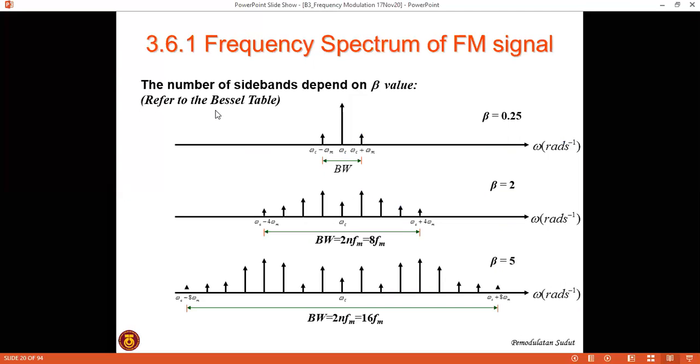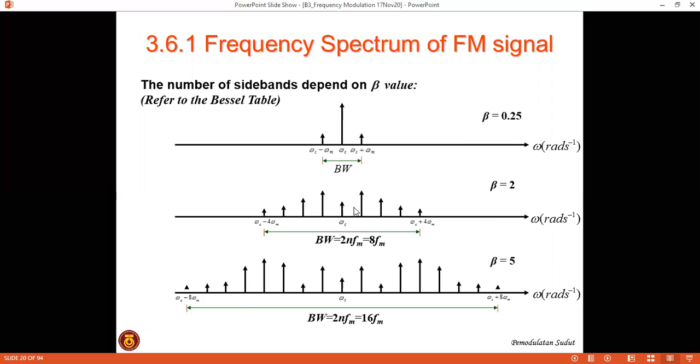Here we have to refer to the Bessel table. These are examples of spectrum for different beta: 0.25, 2, and 5. You can see that a higher beta leads to a higher number of sidebands and larger bandwidth.